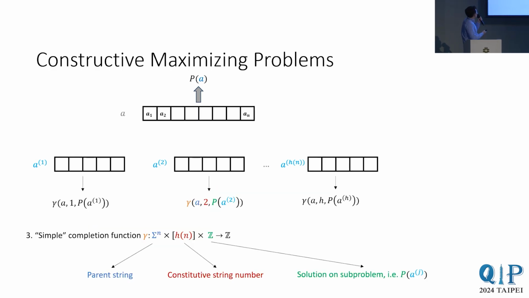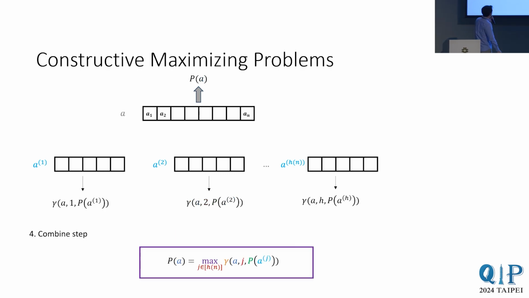Next, we assume we have a relatively simple completion function gamma. It involves three arguments: the parent string, the constituent string number, and the solutions of the subproblems corresponding to the constituent string. And the last step, the combine step, is a maximization, as I assumed.